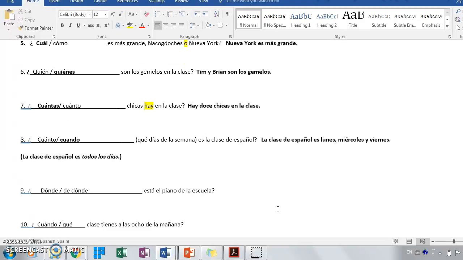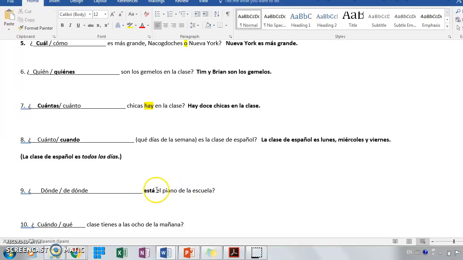Número 9. ¿Dónde versus de dónde está el piano de la escuela? Okay. Our key here is the verb está. Our other key is the meaning. If you think about it logically, which one would make more sense? So remember, when we use de dónde, this is when we're asking about someone's origin. So if I were asking where the piano came from, okay, then I would use de dónde.